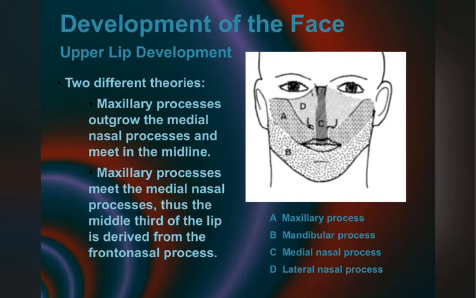Maxillary processes meet the medial nasal process, thus the middle third of the lip is derived from the frontonasal process, specifically from the medial nasal process, because as we know, the medial nasal process is part of the frontonasal process.